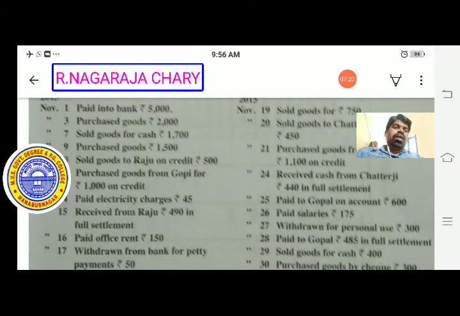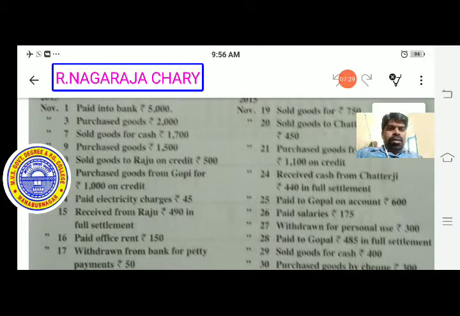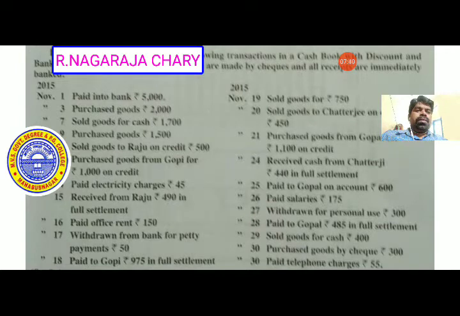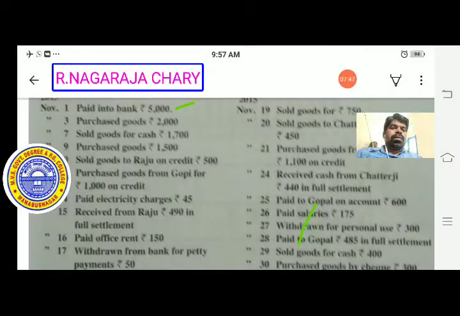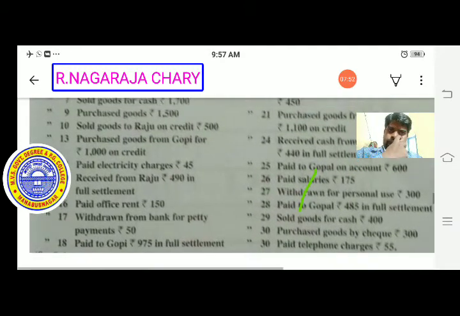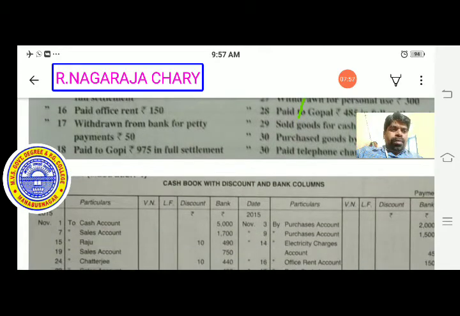So, that is why you have to record all the transactions in bank only. So, that is why this 5,000 rupees is to be recorded, this 5,000 rupees to be paid to bank.